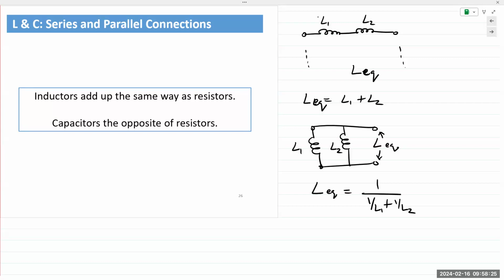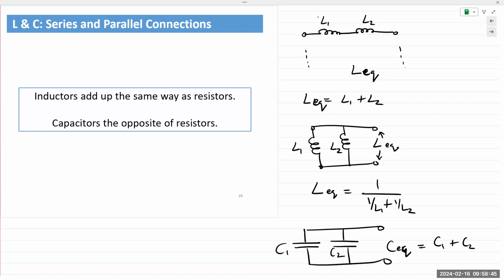Capacitors add up the exact opposite. So if you have 2 capacitors in parallel, then you simply add them up. C1, C2, CEQ. CEQ is equal to C1 plus C2.